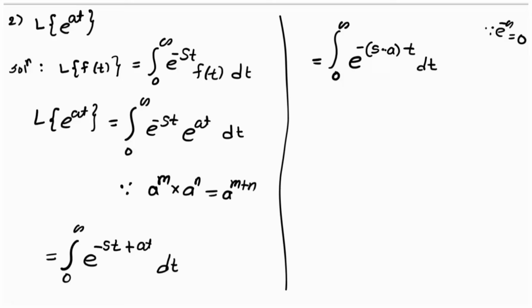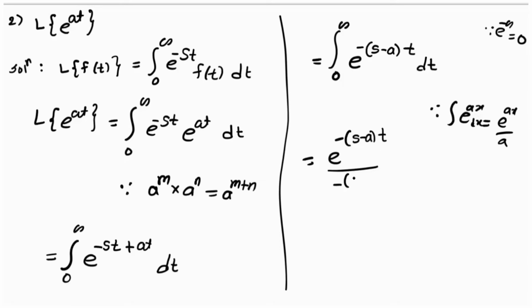Now the integration of e raised to the power ax is e raised to the power ax upon a. So the integration of this term is e raised to the power minus s minus a t divided by the coefficient of t, which is minus s minus a, with limits 0 to infinity.